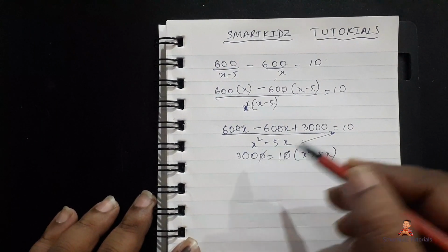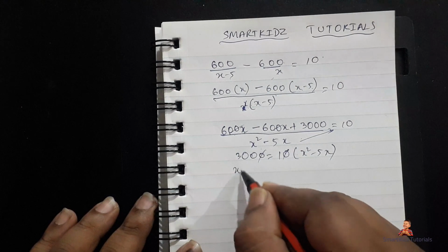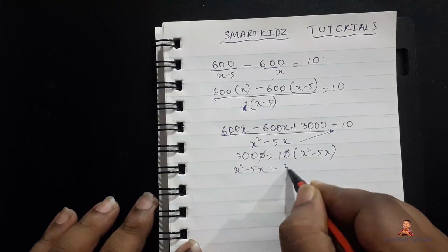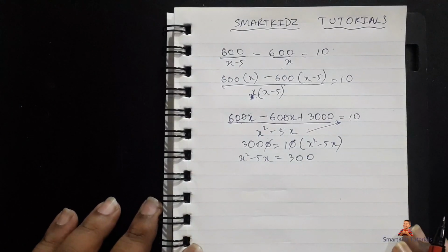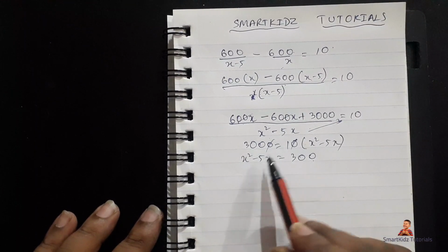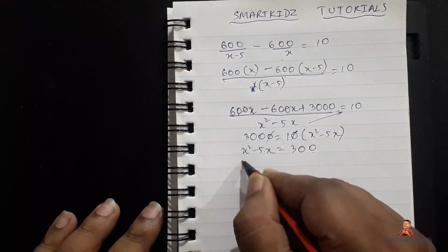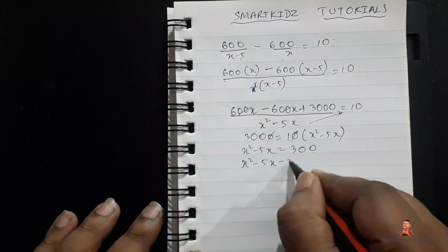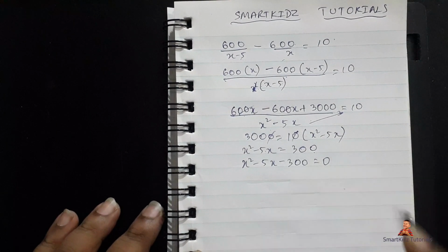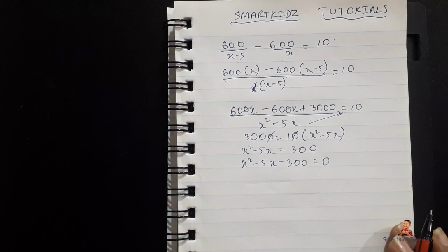This cancels, and we are left with x square minus 5x equal to 300. Then bring the 300 on the left hand side, and we've got our quadratic equation, which we can solve for x. I mean to find the roots of the quadratic equation.